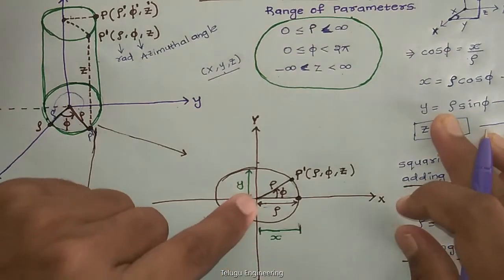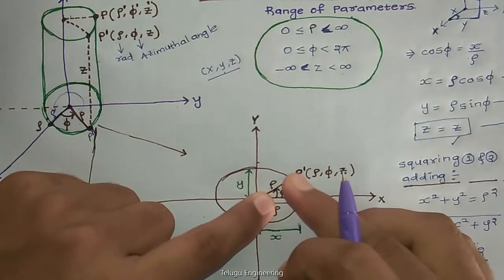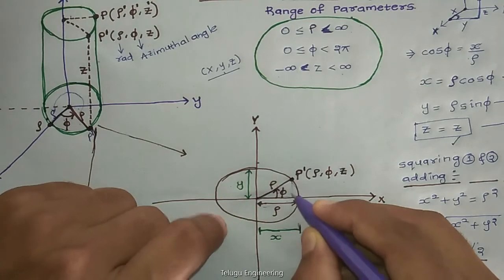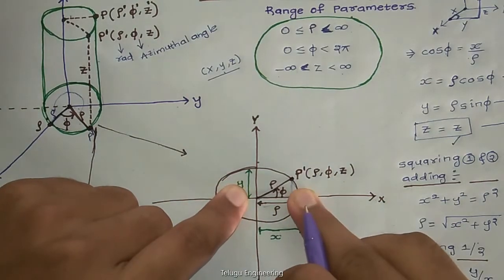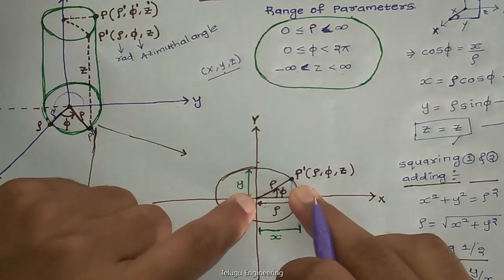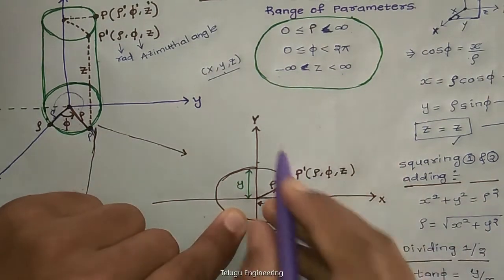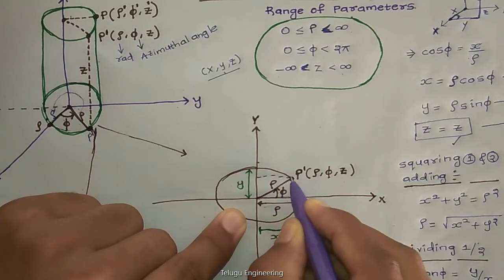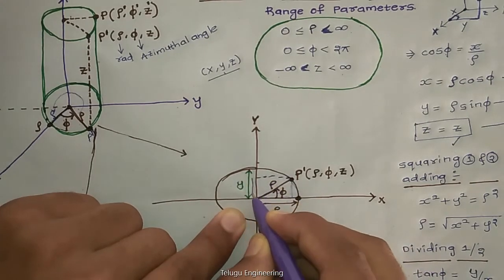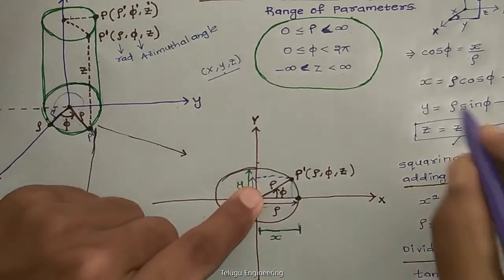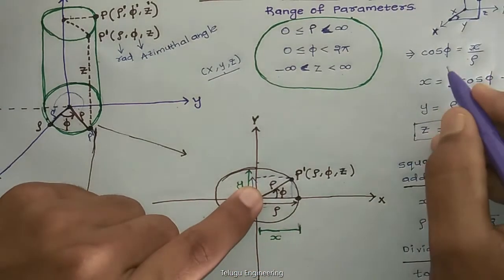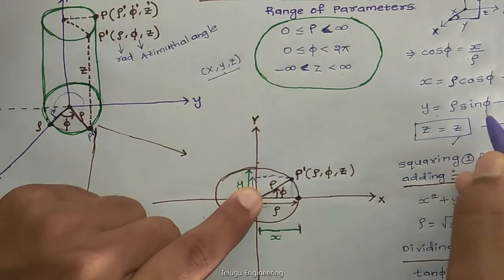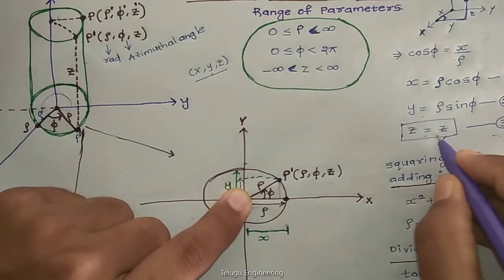Similarly, if we apply the sine function, this is our opposite side. Actually I took this up to the top, but this distance is y. So similarly sin phi equals y by rho. So y equals rho sin phi, and z is always equal to z.